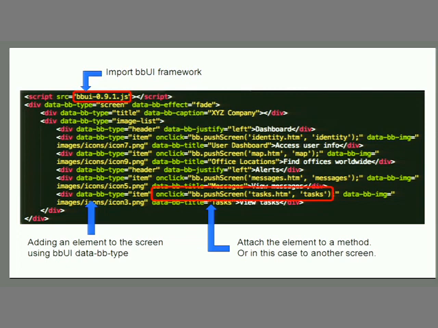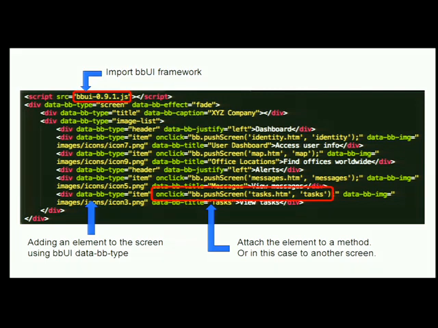I don't have to build them pixel by pixel. I just have to follow the standard data-bb-type that is laid out in that framework. So here I'm just adding them all to the screen. And you can see in all these parts here, I'm applying a method or a function to each of those buttons. So easily identified and actually tied in more to how some of those methods run or tie themselves to a button or other component.